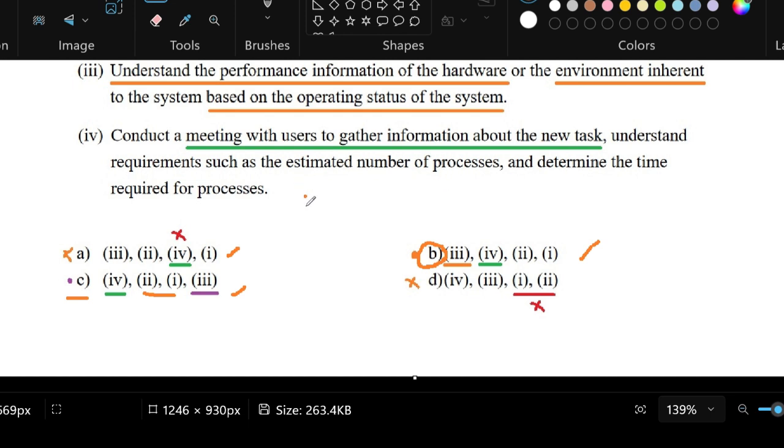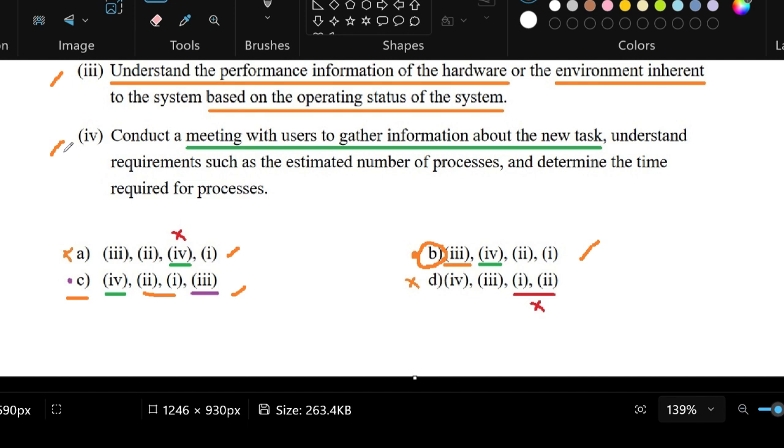So really I thought it was a matter of choosing whether number 3 goes before number 4. Do we understand the performance information of the hardware and the environment inherent to the system first before we conduct a meeting, or is it after?